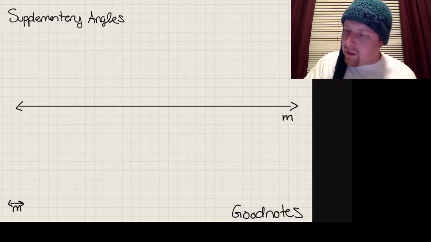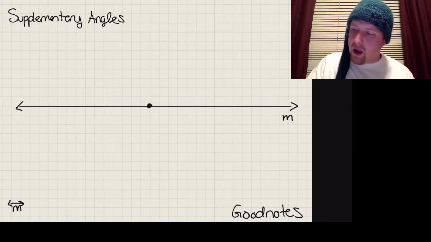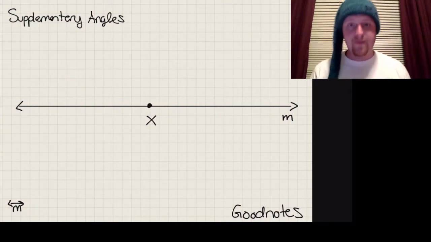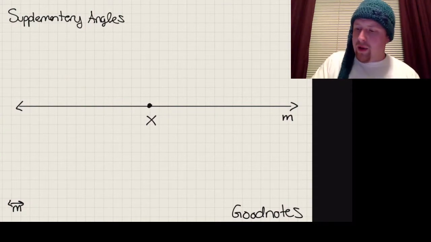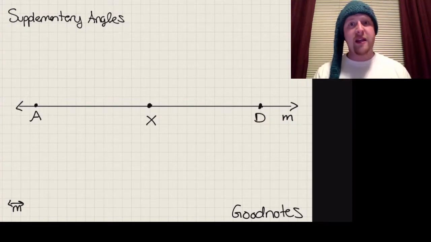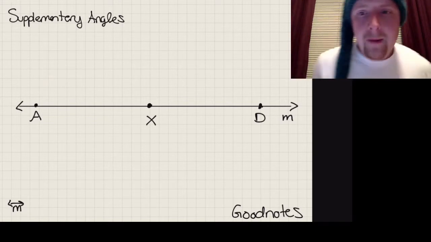On line M, I'm going to put a point which I'm going to call X. That is point X. Over on the left-hand side, I'm going to put point A, and over on the right-hand side, I'm going to put point D. I'm purposefully not using letters that come after each other in the alphabet. That's just a preference I have.